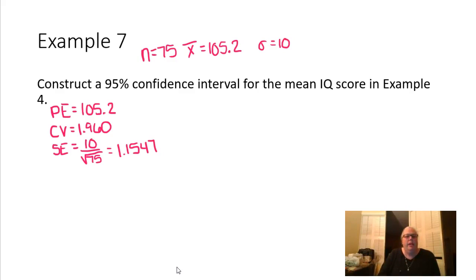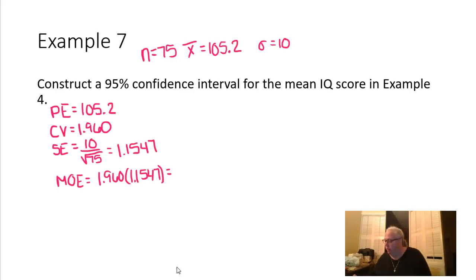The next thing it asked us for was the margin of error. And our formula for the margin of error was to multiply the critical value times the standard error. That's going to give me 1.960 times 1.1547. This is going to give me 2.2632.